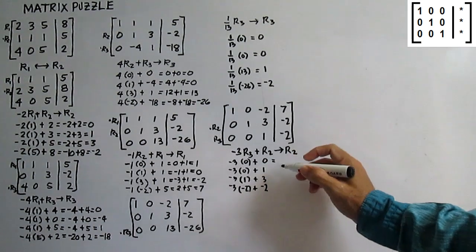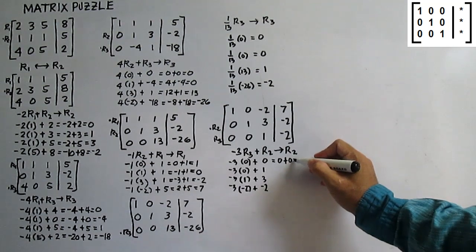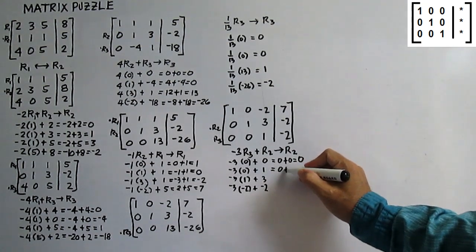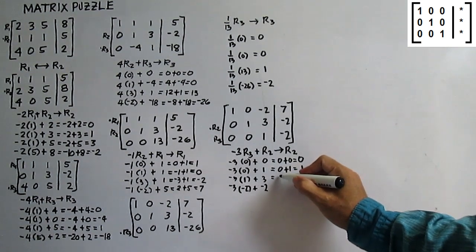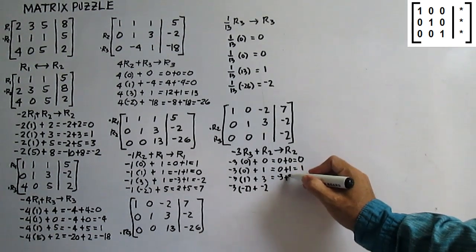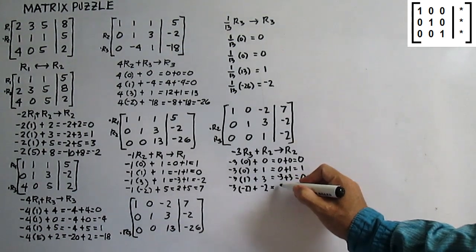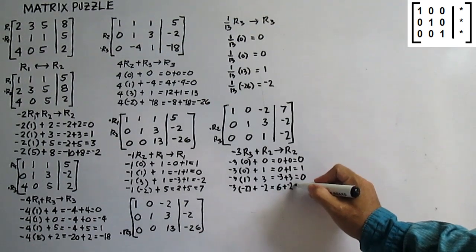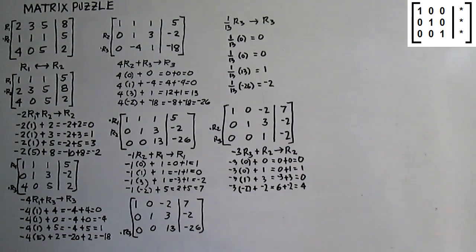This is equal to 0 plus 0 is 0, 0 plus 1 is 1, negative 3 plus 3 equals 0, 6 plus negative 2 is equal to 4.